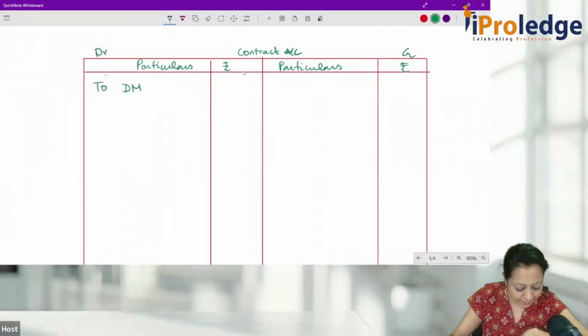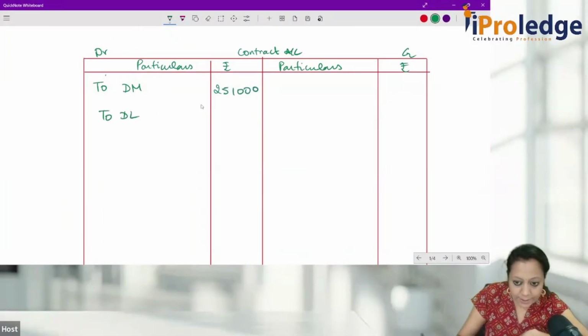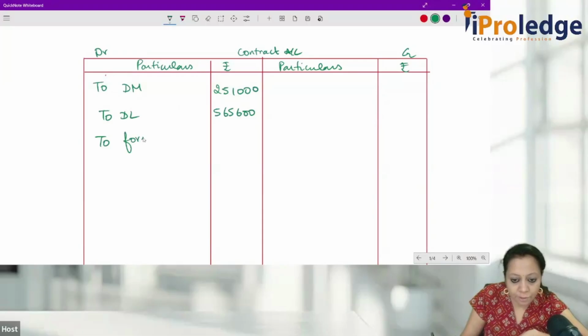Okay. So now let us write it down. 2,51,000. To direct labor is going to be 5,65,600. Then to foreman's salary is going to be 81,300.